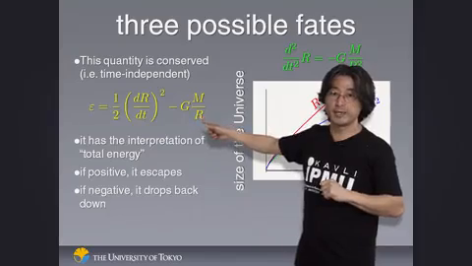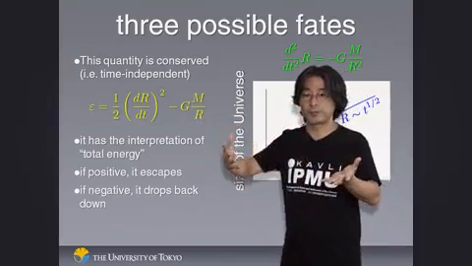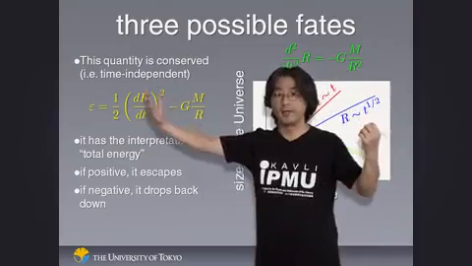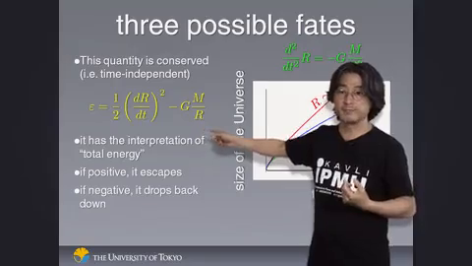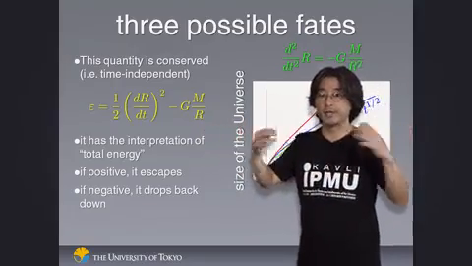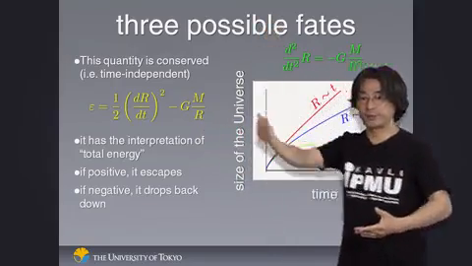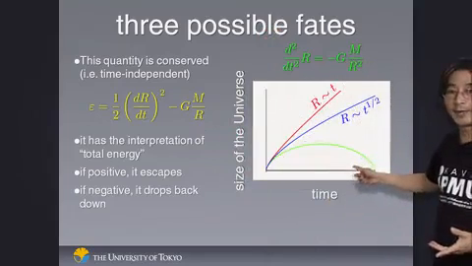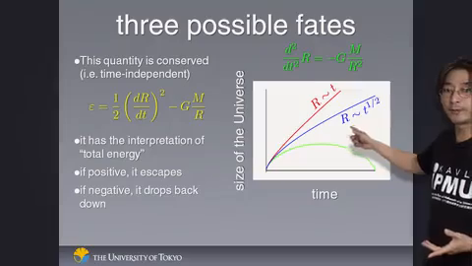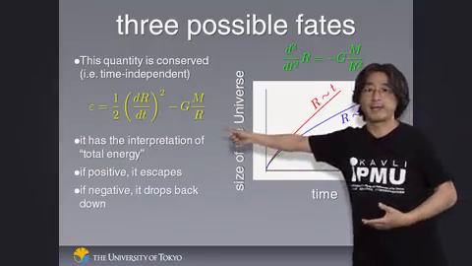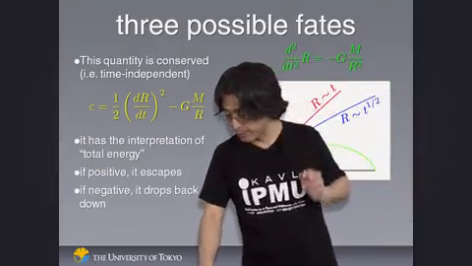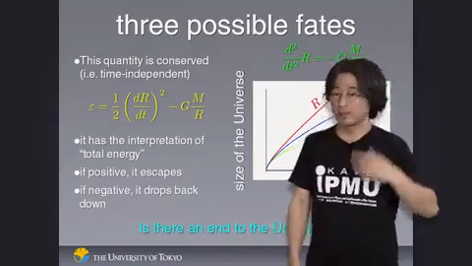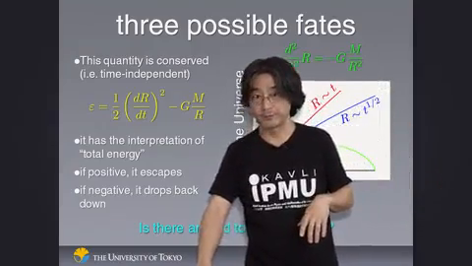If this energy is positive, that corresponds to the situation where you can escape gravity and keep expanding, the red curve. If the energy is negative, it looks like you are trapped by gravity. If you go up, you would eventually come down. That corresponds to the green curve. And the blue curve corresponds to the situation when this energy is exactly zero. So that's the way you can mathematically describe the three possible fates of the universe.